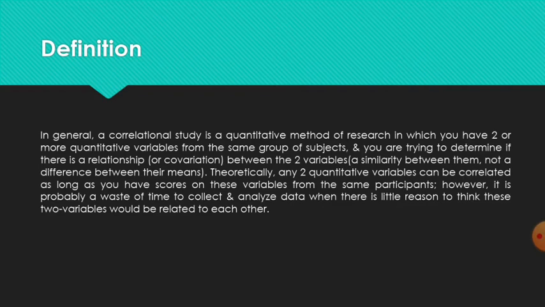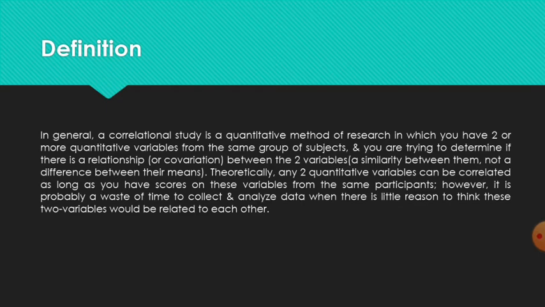Correlational research is a research method that examines how variables are naturally related in the real world without any attempt by the researcher to alter or change them. The basic research question for correlational research is: what is the relationship between two or more variables for a given set of subjects?